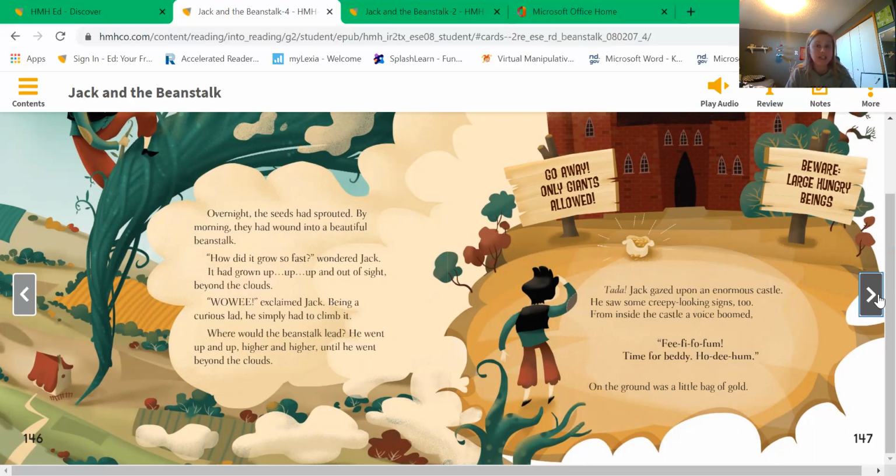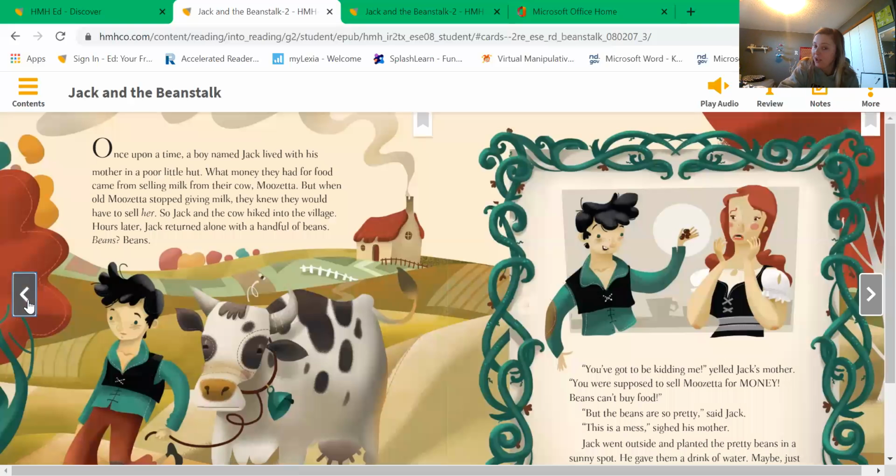And the first question is, what is Jack's problem? If you notice on the very first page that I read, on page 144, it says that Jack lived with his mom in a poor little hut. What money they had for food came from selling milk from their cow. So they lived in a poor hut.